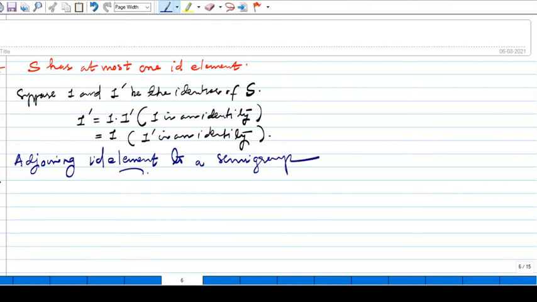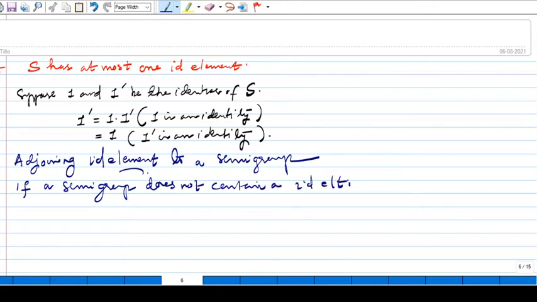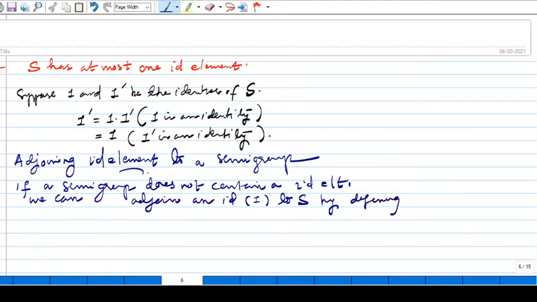So we can write: if a semigroup S does not contain an identity element, we can adjoin an identity element, say 1, to S by defining two rules.